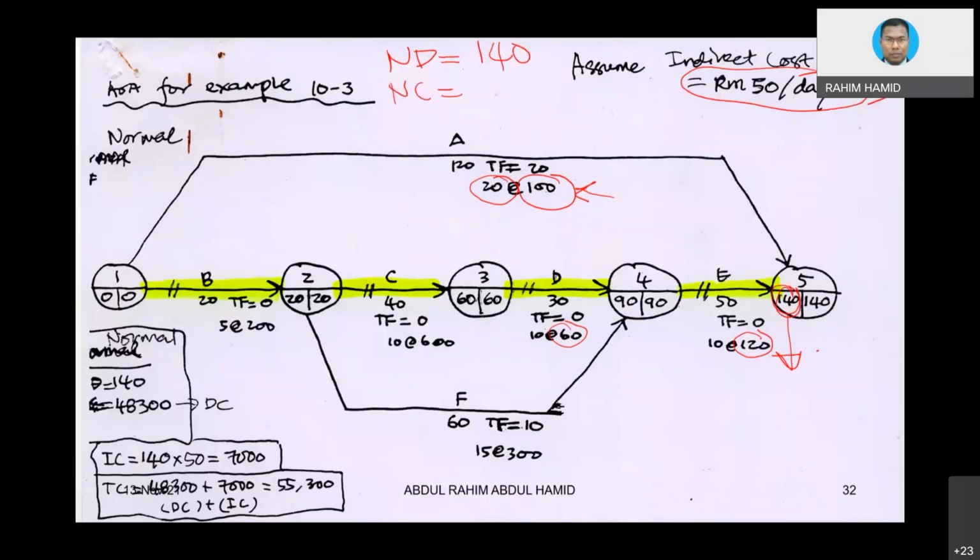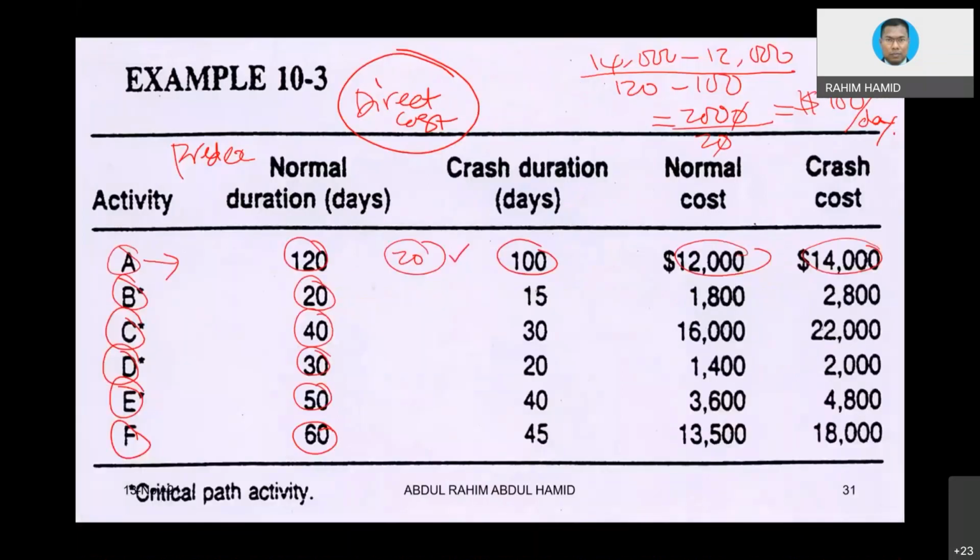The normal cost for this project is a combination of direct cost plus indirect cost. The direct cost we can get from the normal cost here. Now the normal cost can be assumed as direct because we have the indirect costs separated, unlike the previous example.